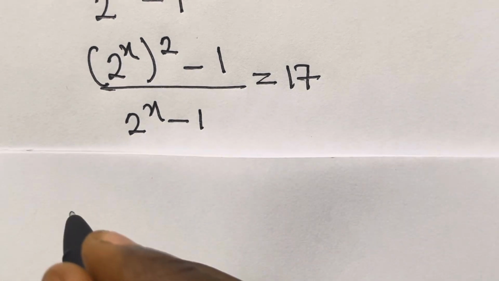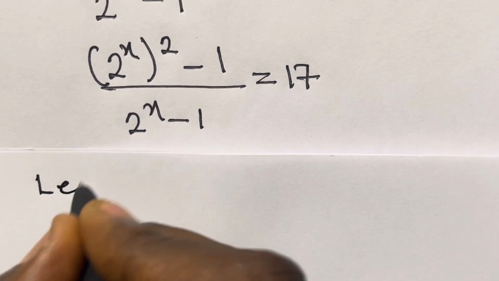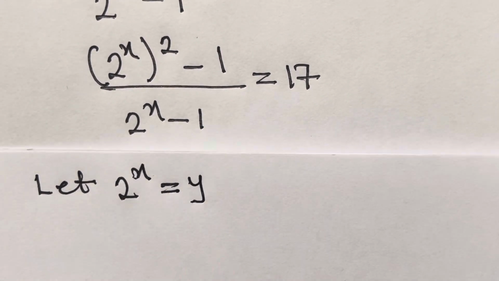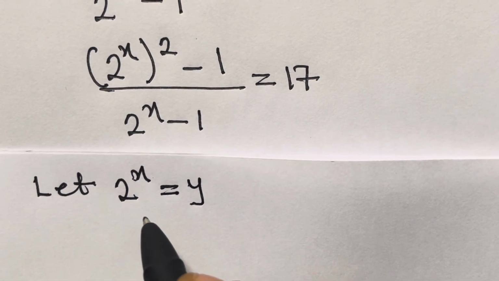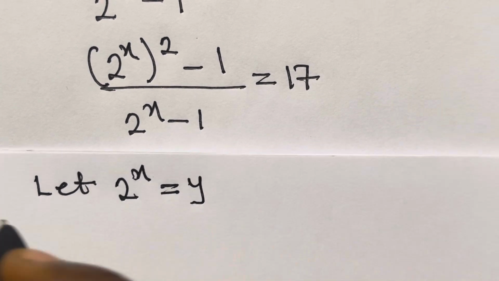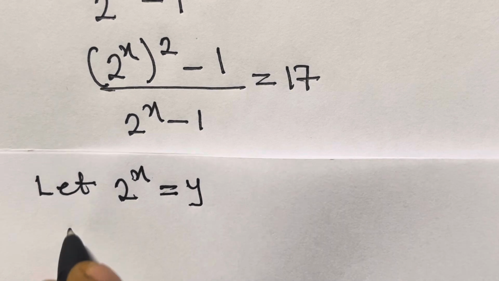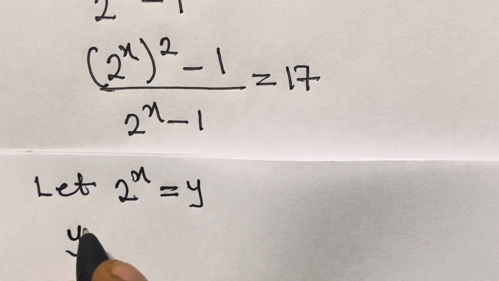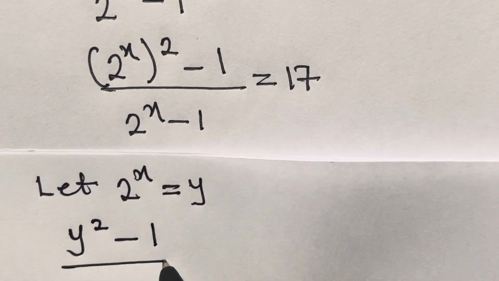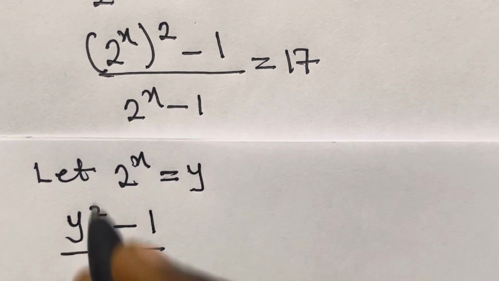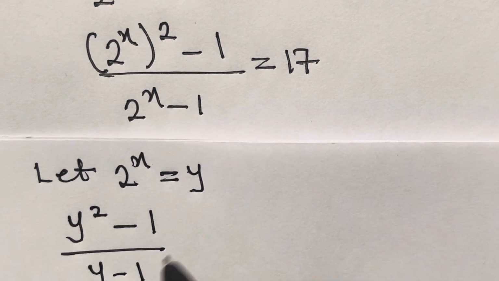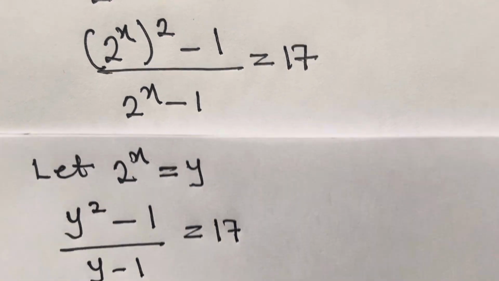From here, we let 2 raised to power x be y. So if we substitute y for 2 raised to power x, we will have y squared minus 1, divided by y minus 1 equals 17.